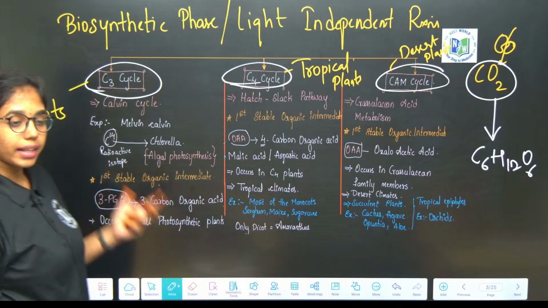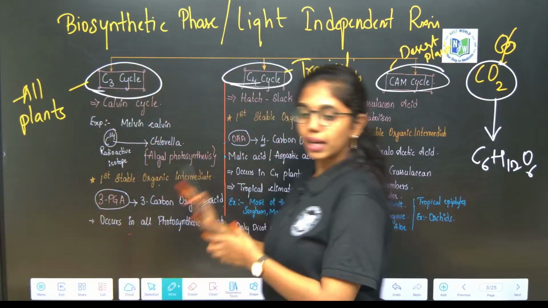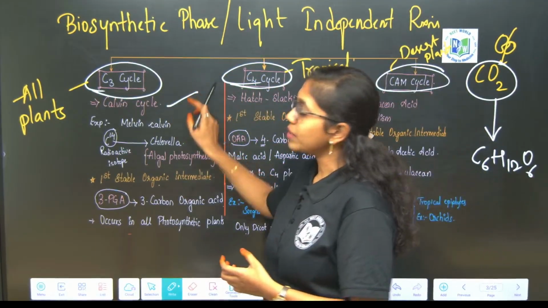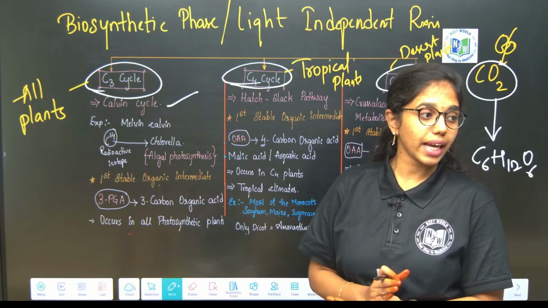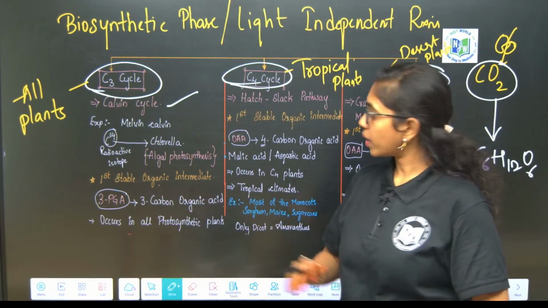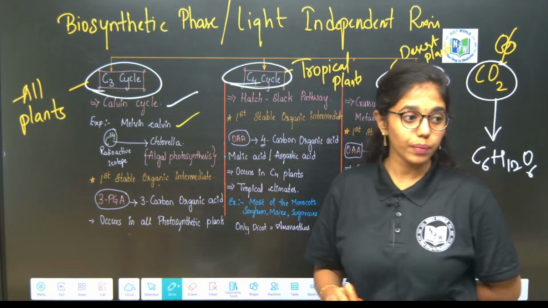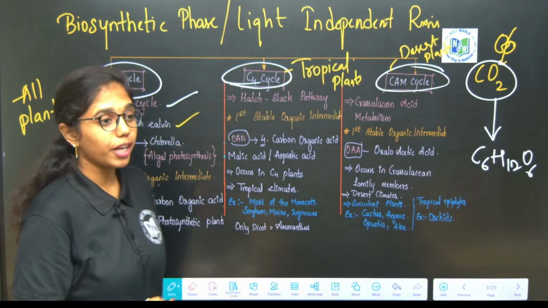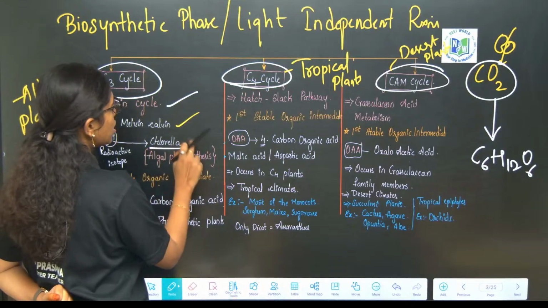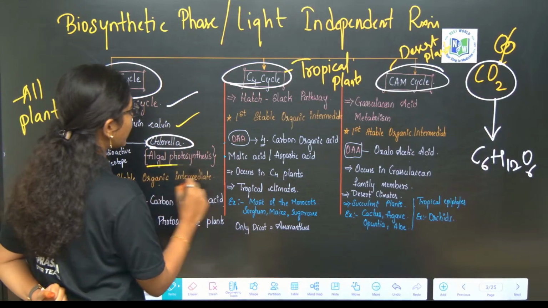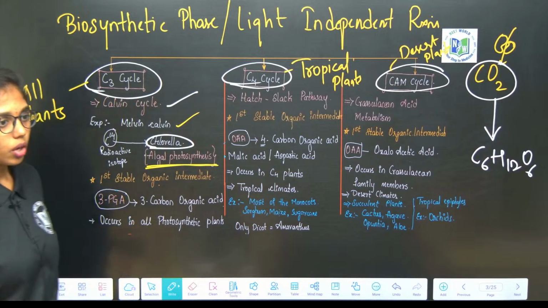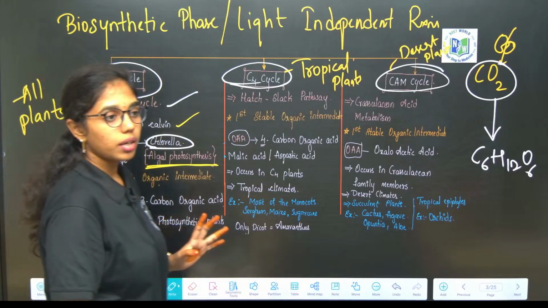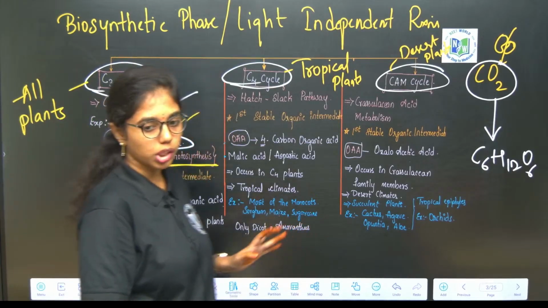You can note down; I will give you time, but listen first. The C3 cycle, also called the Calvin cycle, is named after the scientist Melvin Calvin. He conducted photosynthetic experiments on the alga Chlorella. Algal photosynthesis is oxygenic photosynthesis.